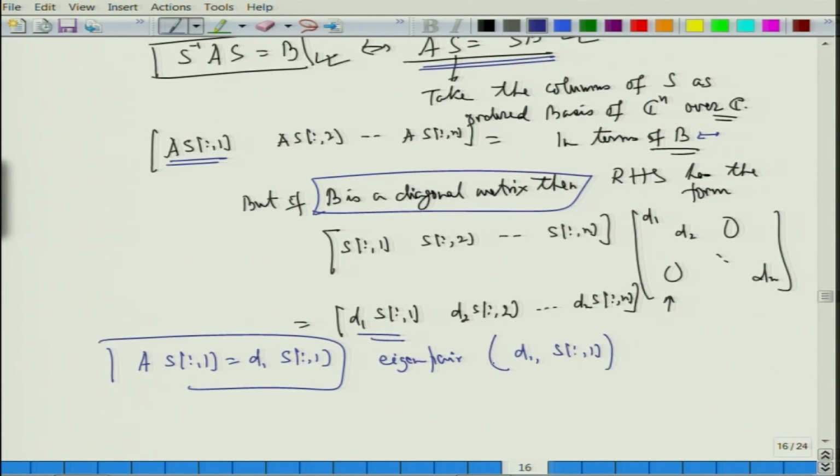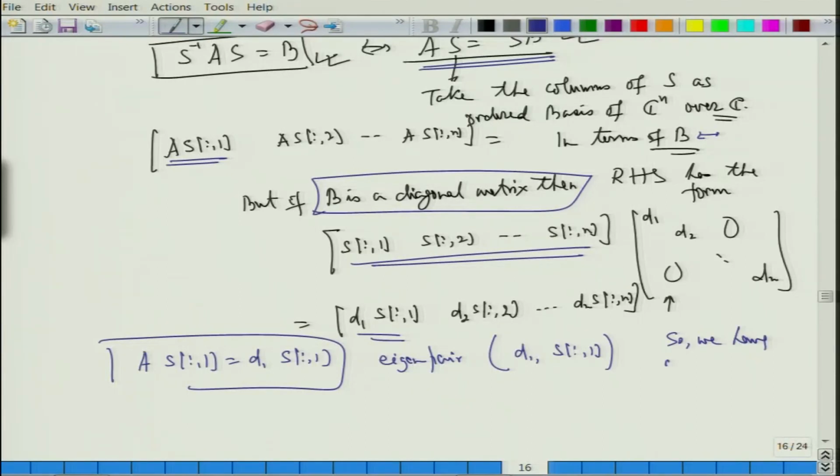Recall that any invertible matrix cannot have a 0 vector inside it. So S is a non-zero vector. Not only that, since S is invertible, all these columns are linearly independent. So we have got n linearly independent eigenvectors. All right. So I would like you to keep track of that.